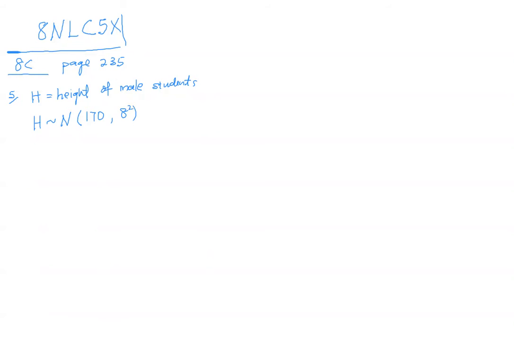Okay, now, if the question wants us to find the percentage, okay, probability of H between 162 and 170. So if we use our GC to do, can you tell me what to do?